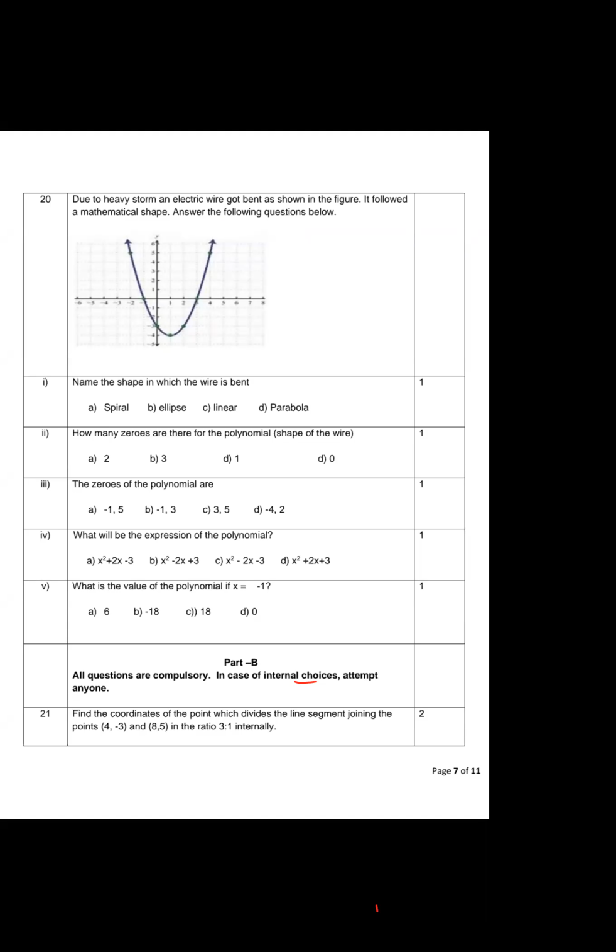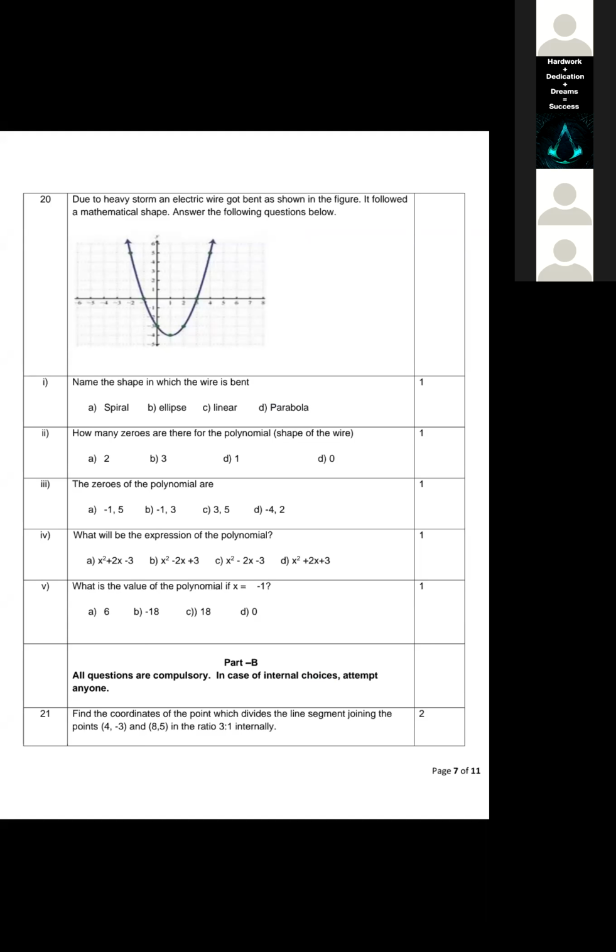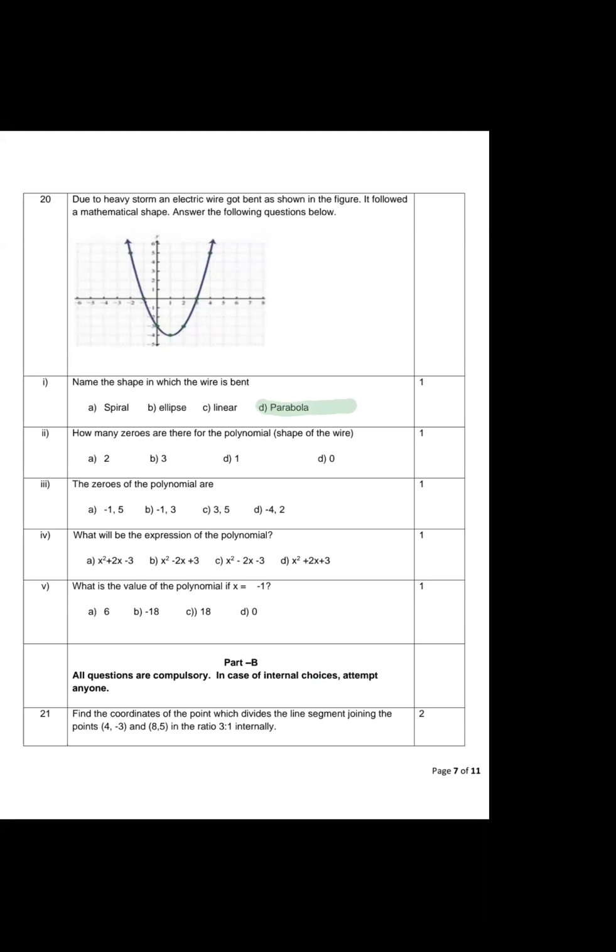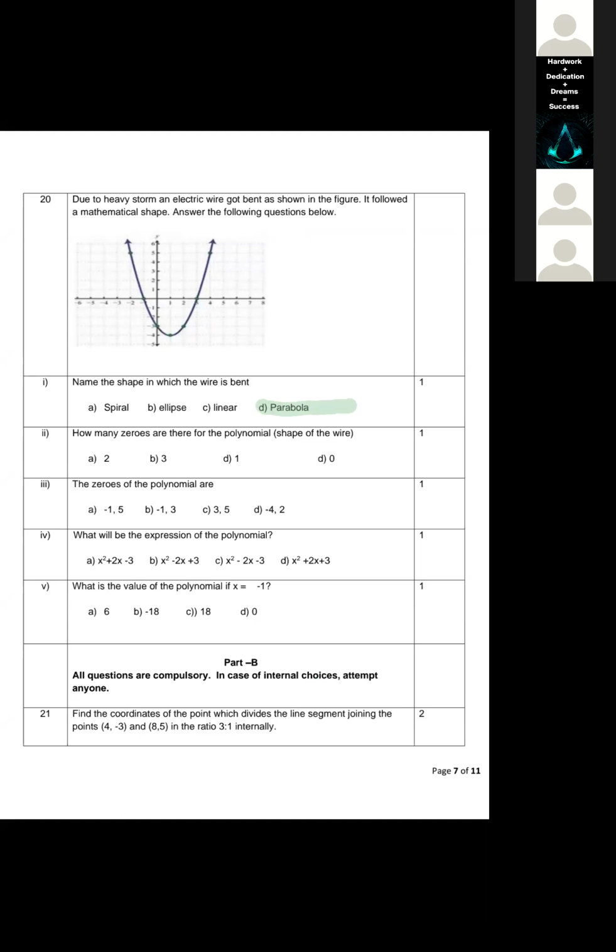So you remember this always. This is a parabola. How many zeros are there for the polynomial? 2. It is intersecting the x-axis at 2 points, so 2 zeros.